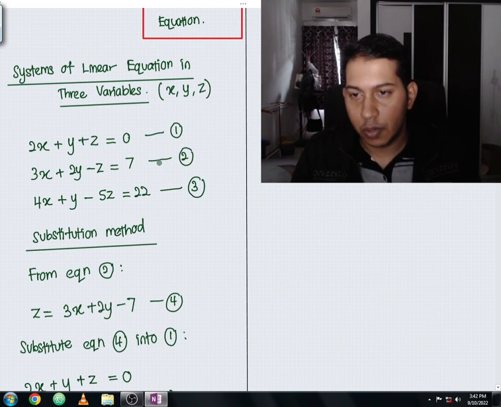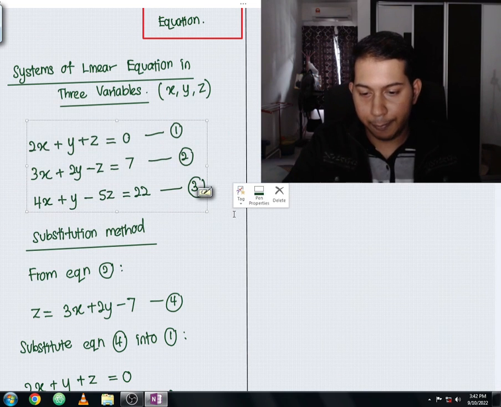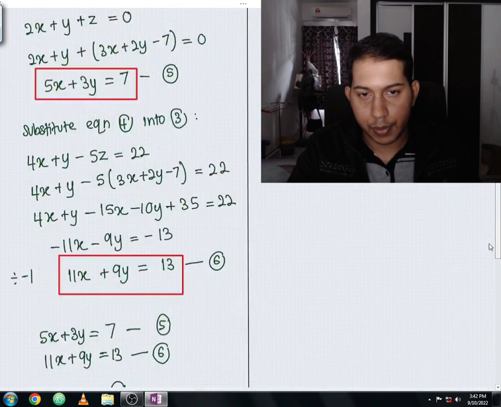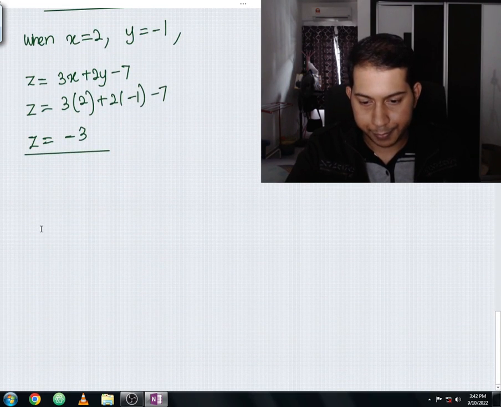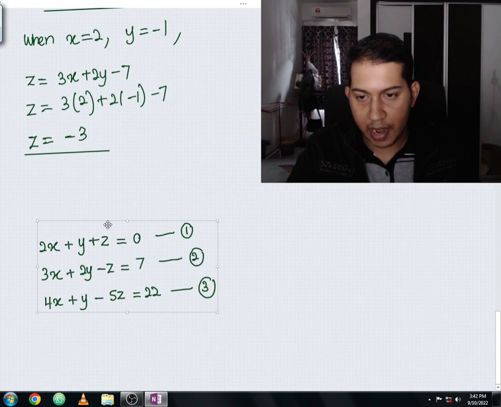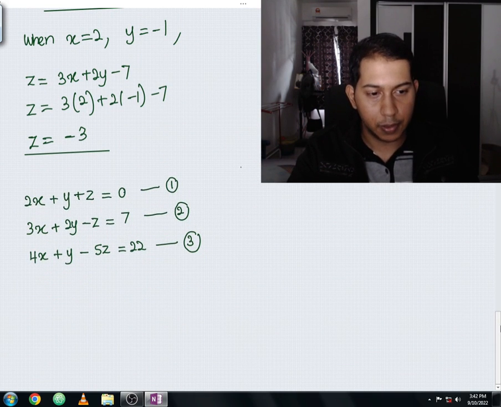Okay, so now what I'm going to do is copy down this question. So I'm going to paste it over here. And from here we're going to continue to solve this using the elimination method, the second method.